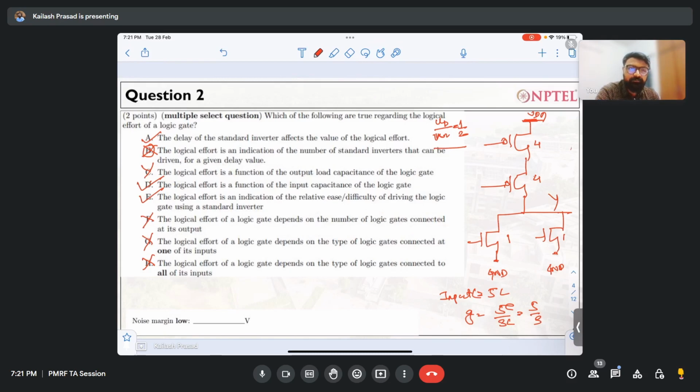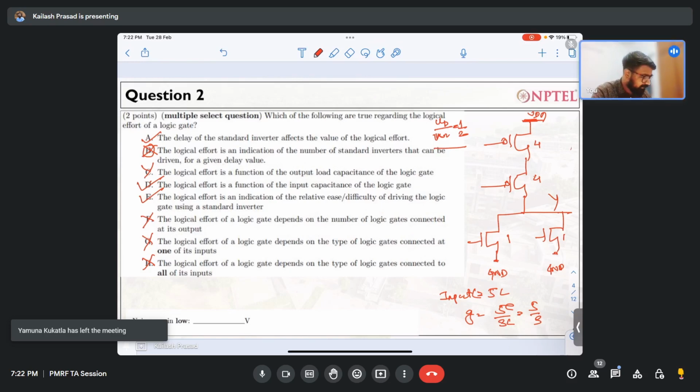So using that formula, the total resistance will be R. So the equivalent resistance for one is R by 2, so W will be 4. And for NMOS, Rn will be R, so it is 1. Okay. So actually, it is a trick I use: whenever the PMOS are in series, the width increases by a factor of 2, and when the NMOS are in series, it increases by a factor of 1.